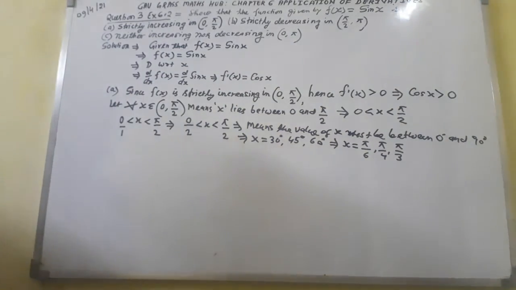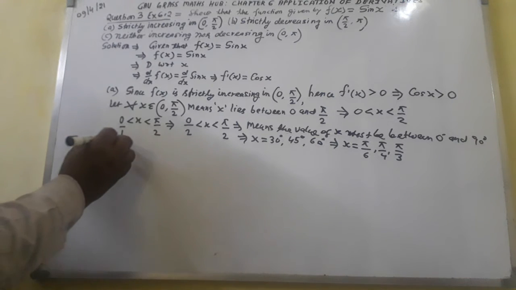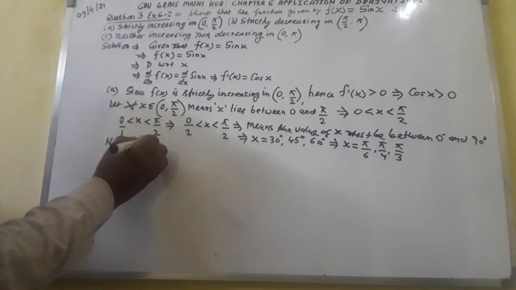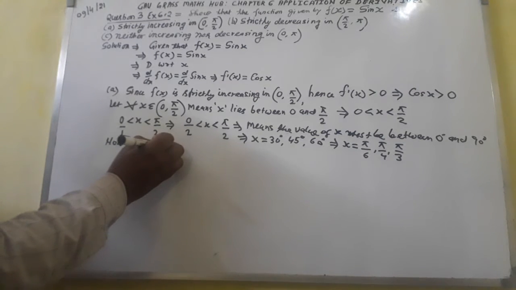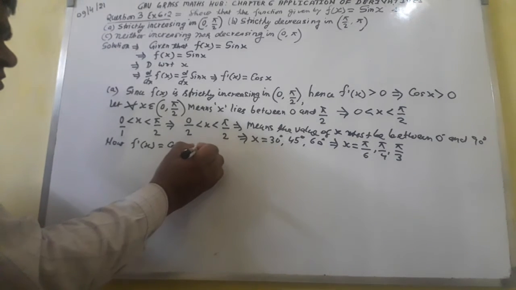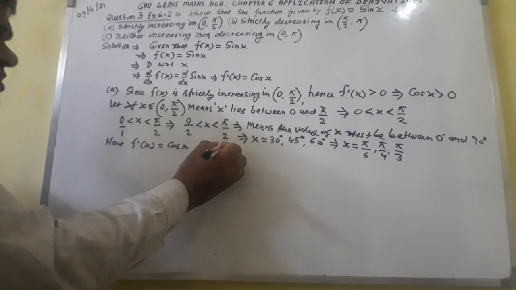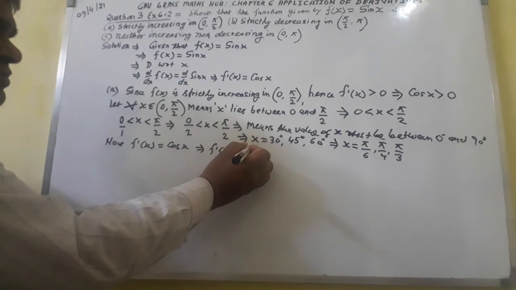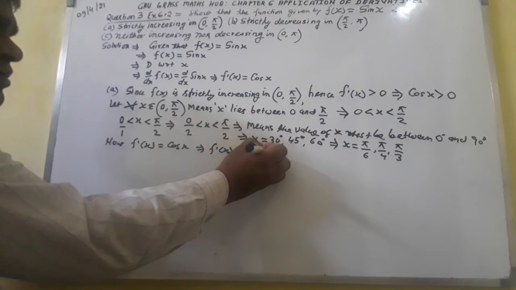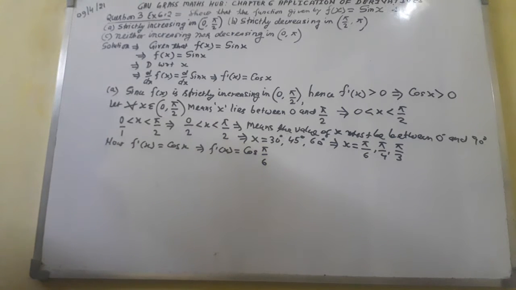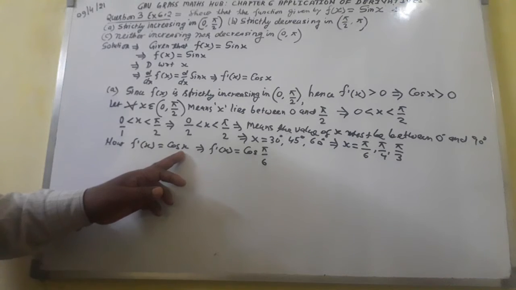Now let us establish this. f dash of x equal to cos x implies f dash x equal to cos pi by 6, putting the value x equal to pi by 6.